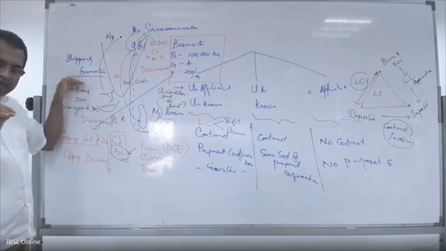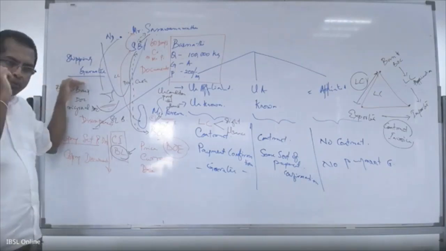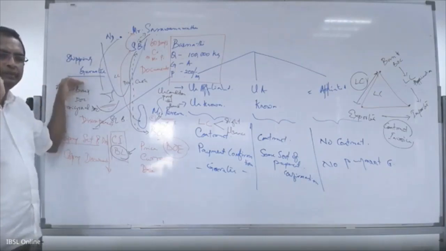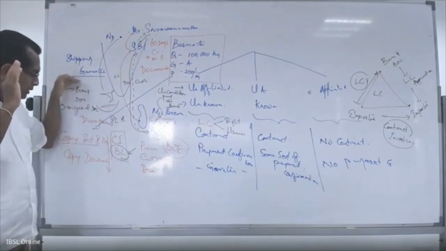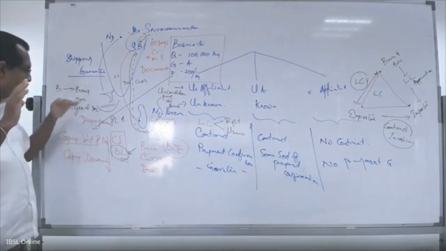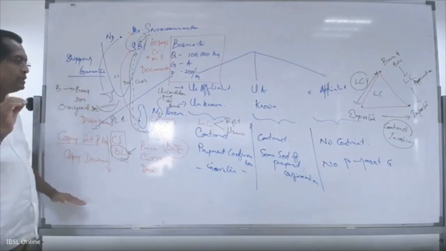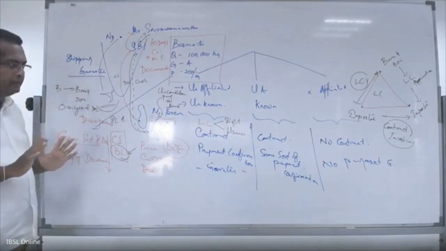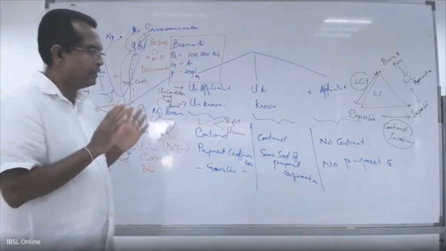We issue shipping guarantees to the shipping agent: you release the goods. Right? Shipping guarantees are issued only when original documents did not reach us on time. So that is letter of credit.